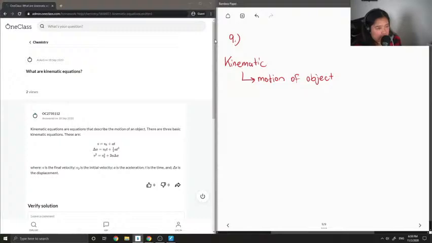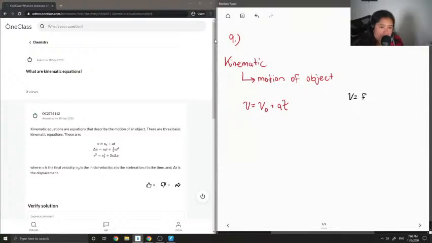So basically there's different kinematic equations, and these are the 3 main ones. First I'll just write down the most common one, where velocity is equal to the initial velocity plus AT. And then on the right, I'll just write down what everything means.